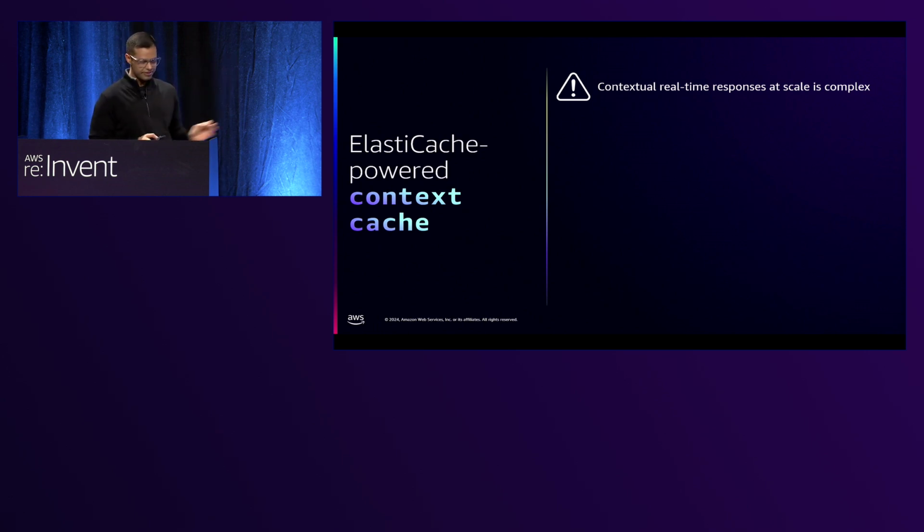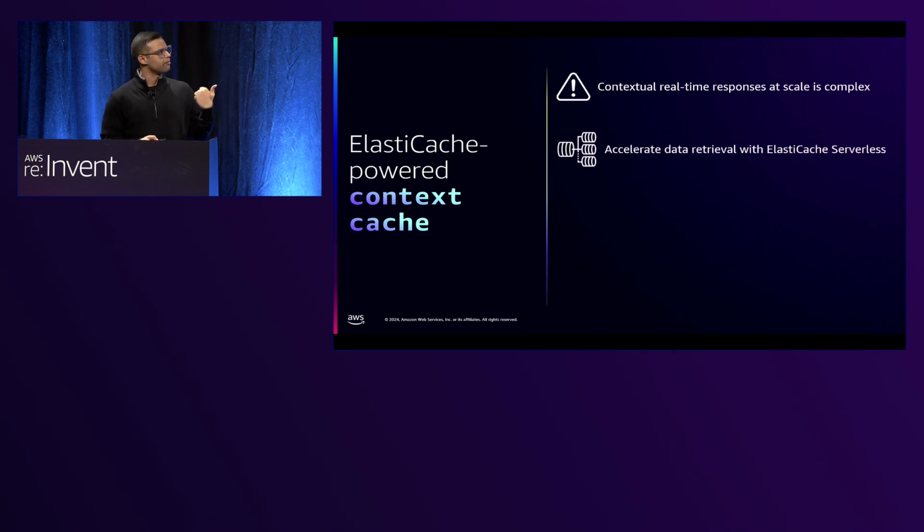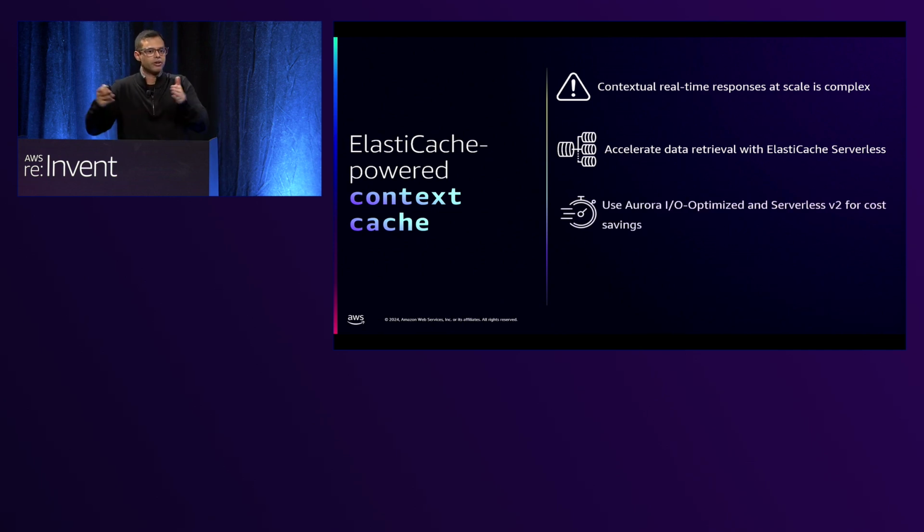We introduce ElastiCache with a context cache solution, right? So basically this gives us two benefits. First, it will enable fast data retrieval. Of course, we are using ElastiCache serverless, but if we pair it with Aurora Postgres IO optimized and serverless, it'll give you predictable performance, it'll give you that spike handling, it'll give you cost benefits for read-heavy workloads, right?